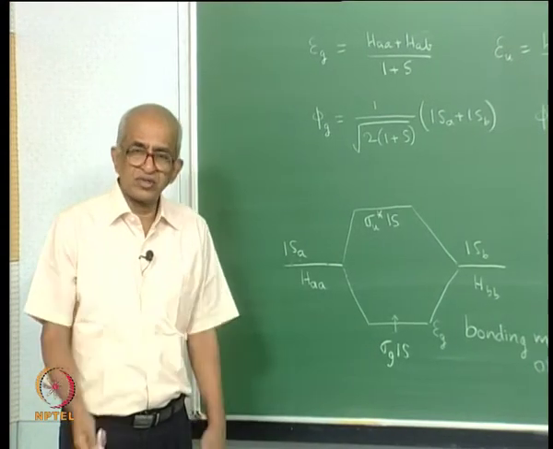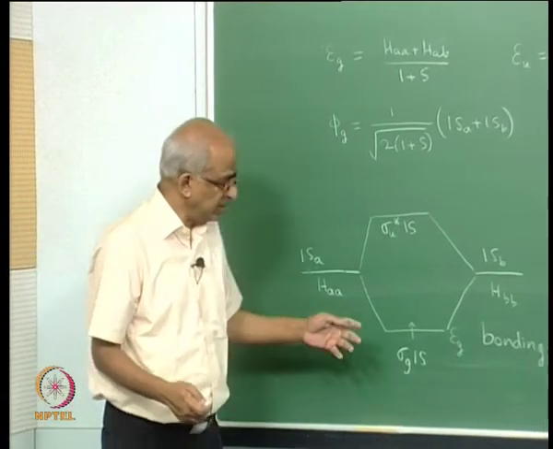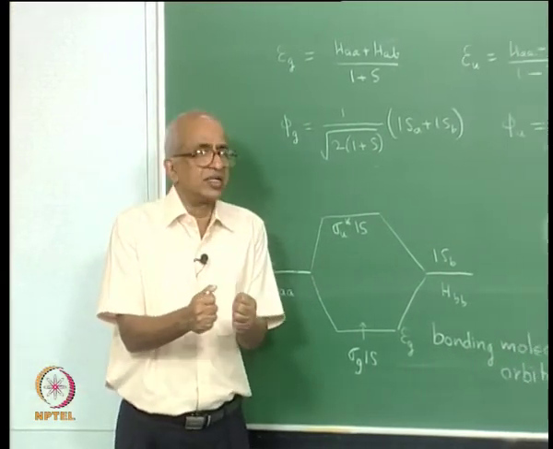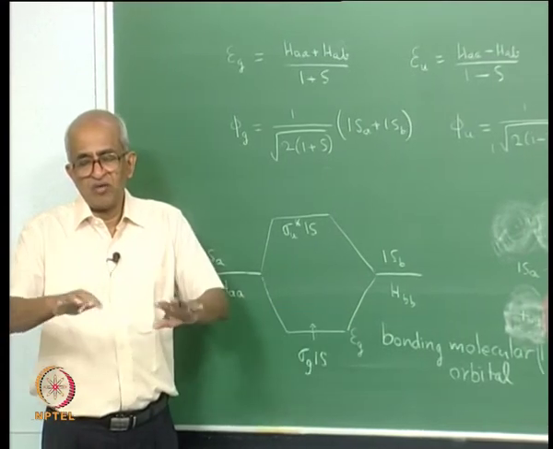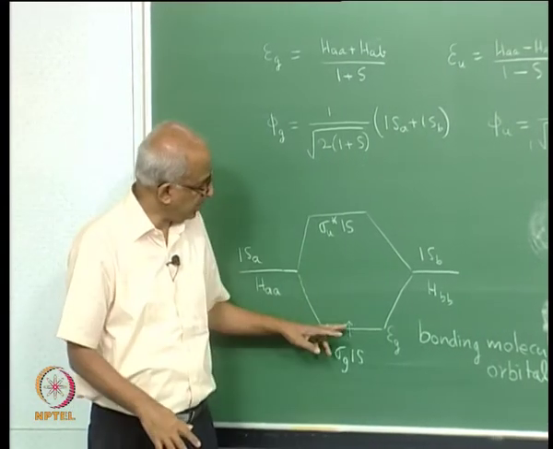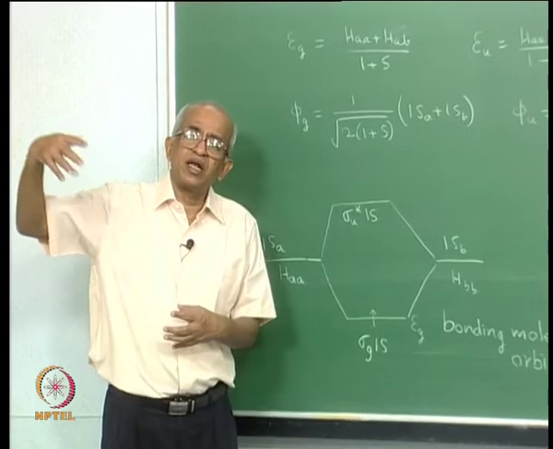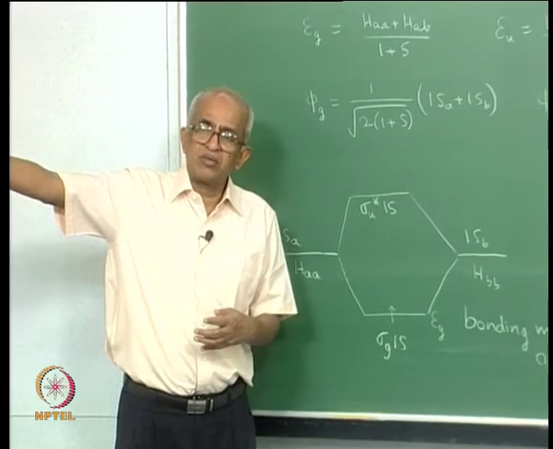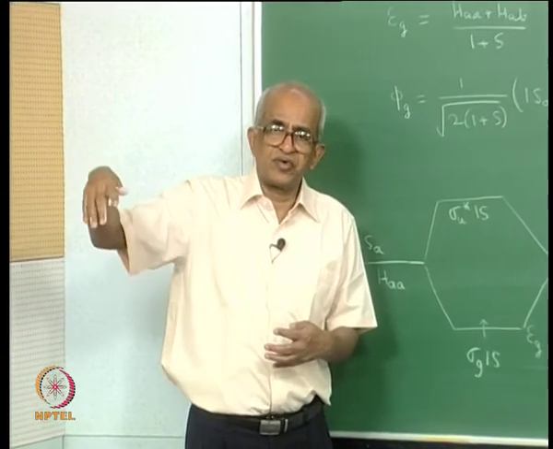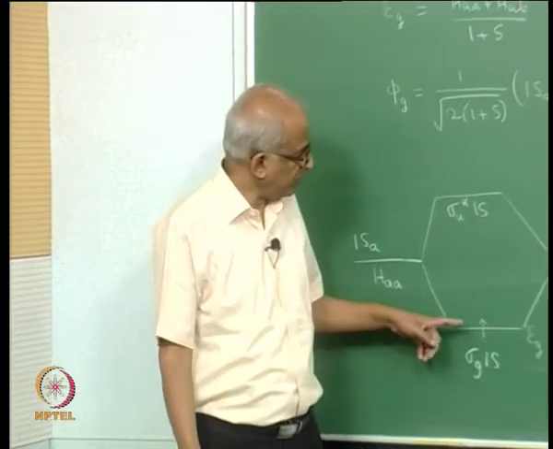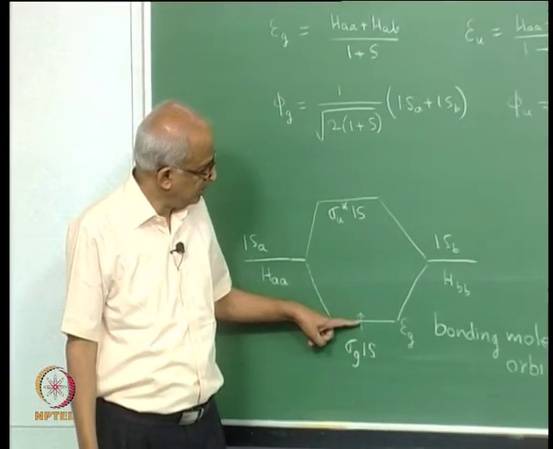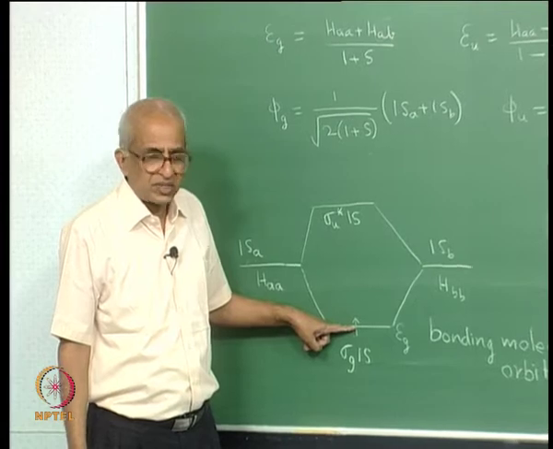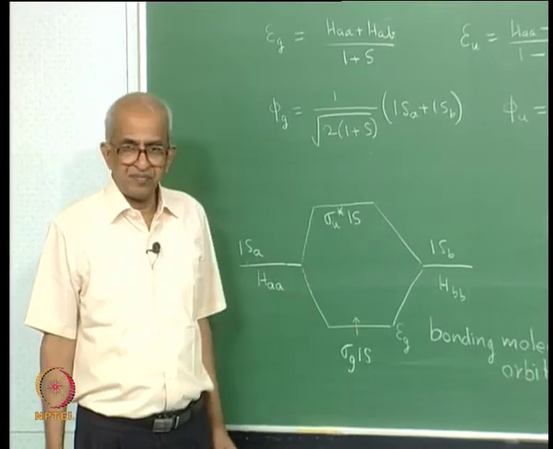Okay. Now, suppose by some means I have the molecular ion sitting in the lowest possible state, which means the electron is sitting here, and suppose I allow it to interact with electromagnetic radiation and it absorbs a photon. As a result of that photon absorption, this electron, let me say, is promoted to that orbital.